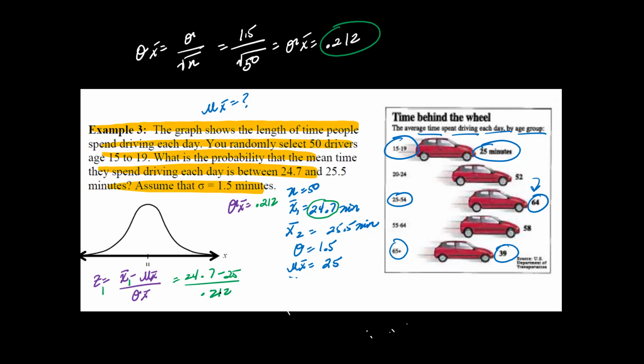Let's calculate that, and that's going to give you a negative 1.42. So that's your first z-score.